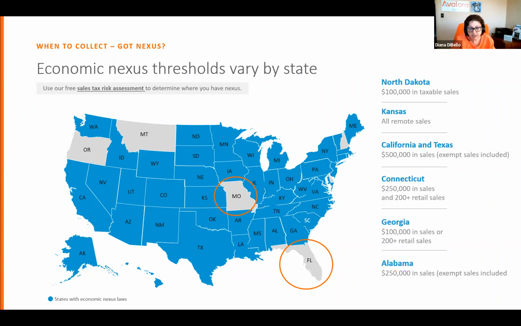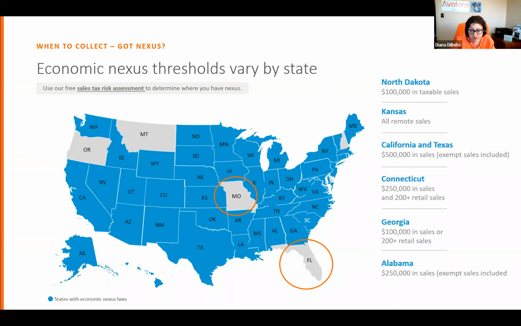Even in my previous consulting career, I dealt with a company. It was very challenging. They thought they had nexus in 12 states, but as we got into looking at their activities, they actually had nexus in 21 states. That exposure was very painful to them. Had the states come in at one time to audit them, it would have put them out of business.